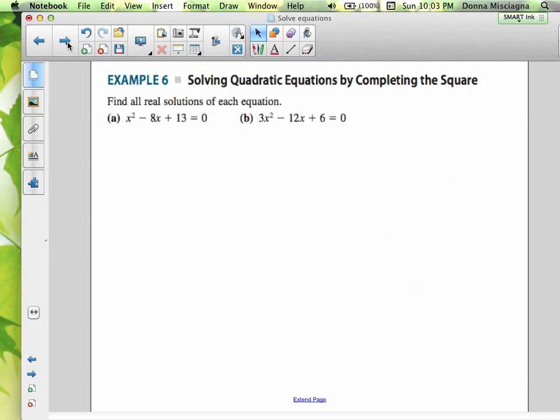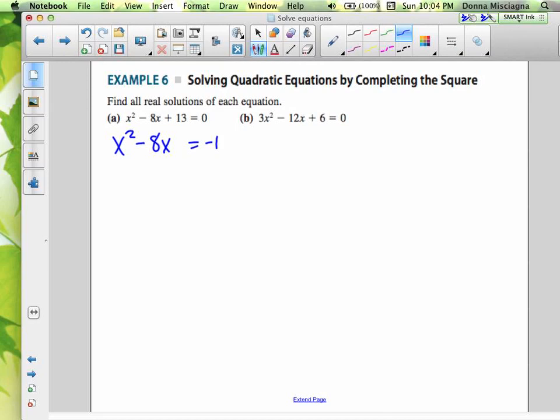All right, so now that you've seen me solve it with the model, let's solve it algebraically up here. All right, so we have x squared minus 8x plus 13. Our first step is to move the 13 to the other side because it was of no use anyway. So it's going to be equals negative 13.